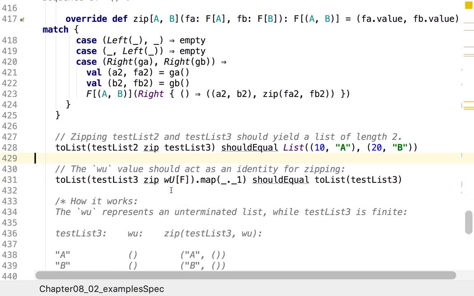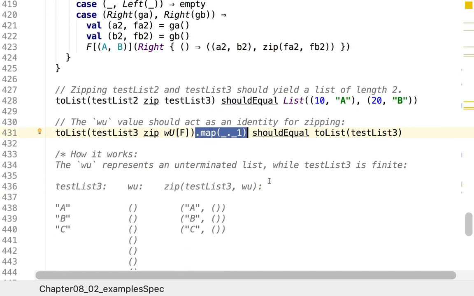But also this wrapped unit acts as a unit. If you zip it with some list, the result is the same as the initial list after the equivalence transformation. So how does it work?